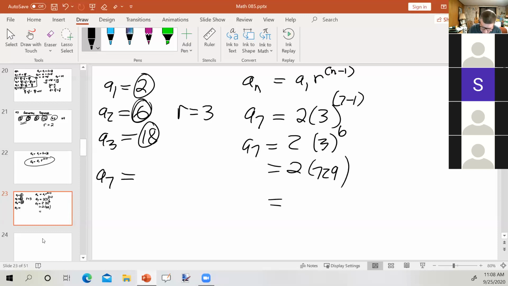Times 2 is 1,458. Okay, so the seventh term would be 1,458. Any questions about this example?